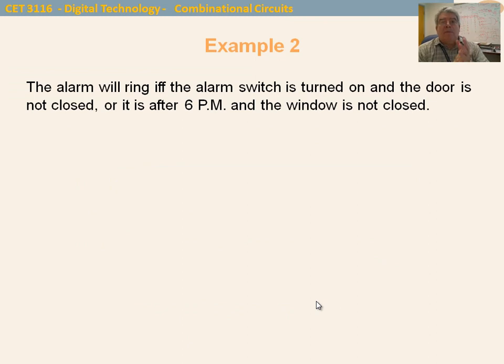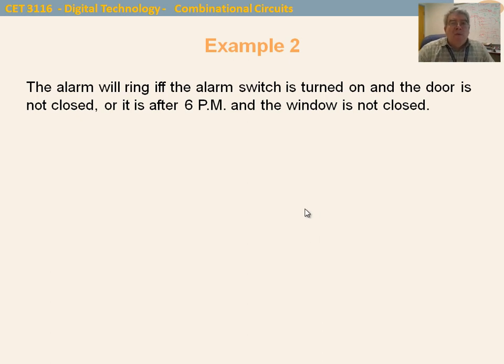It's an alarm. As I mentioned, the alarm will ring if the alarm switch is turned on, or armed, as in the first case, and the door is not closed, or it is after 6 p.m. and the window is not closed. So we have a slightly different case.